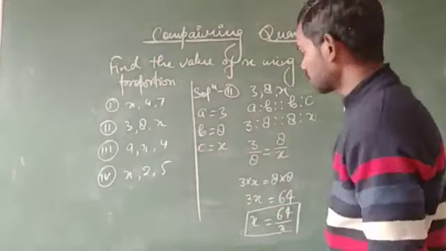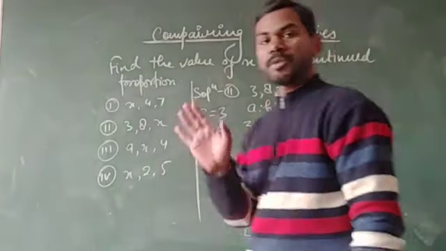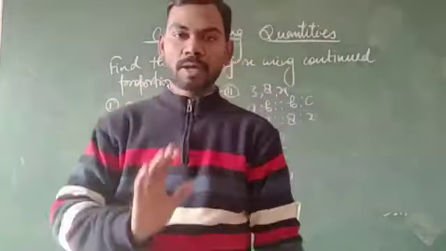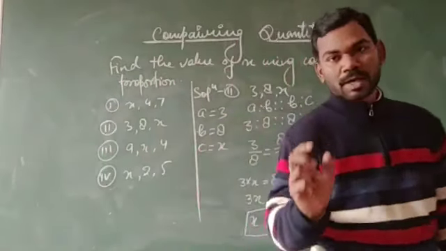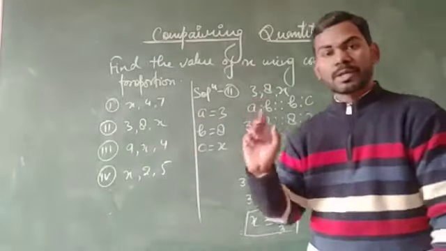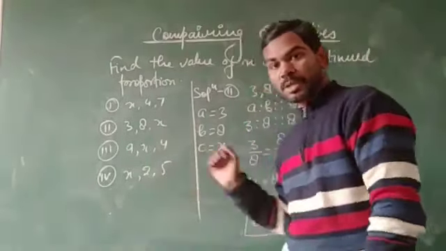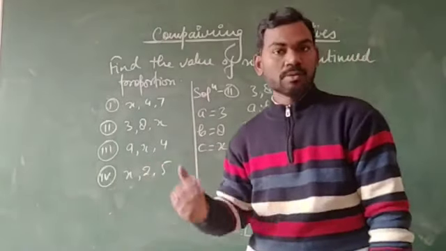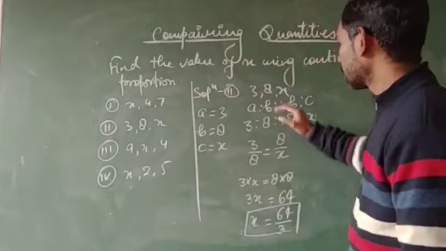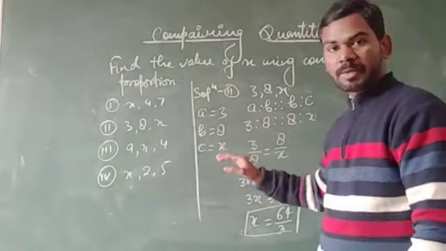Let us see the solution once again. The given question is 3, 8, x, and we have to find the value of x using the concept of continued proportion. A, B and C are said to be in continued proportion if A is to B is proportional to B is to C. Here the values of A, B, C are 3, 8 and x respectively.